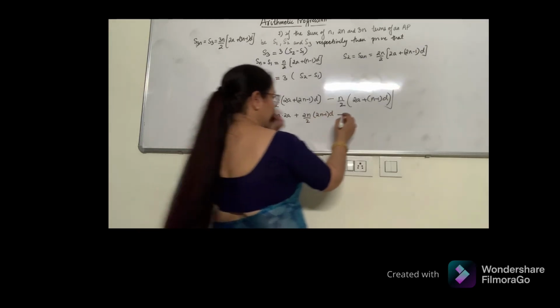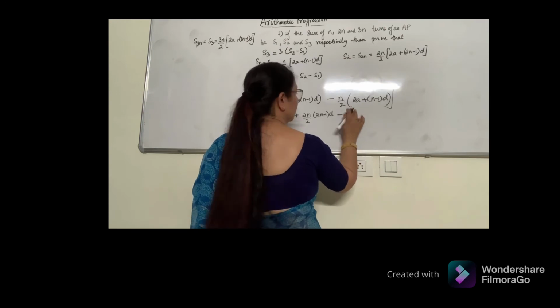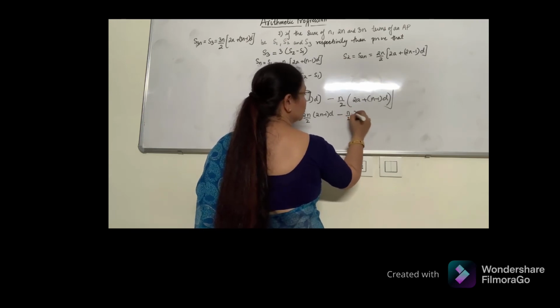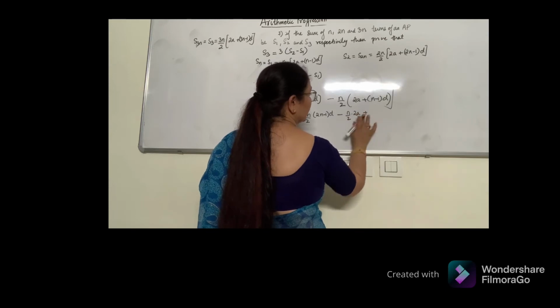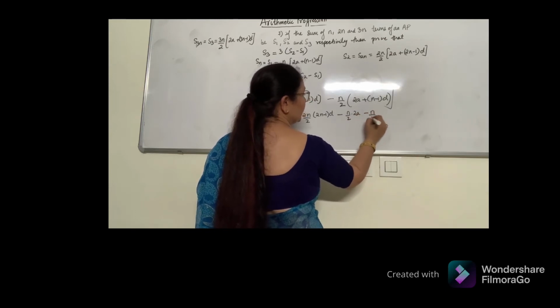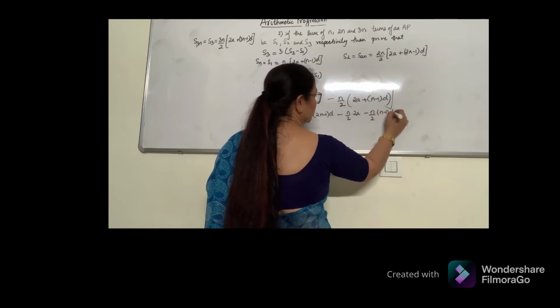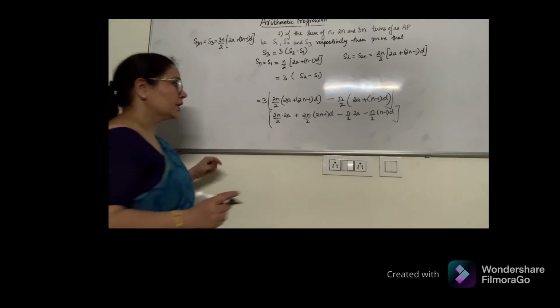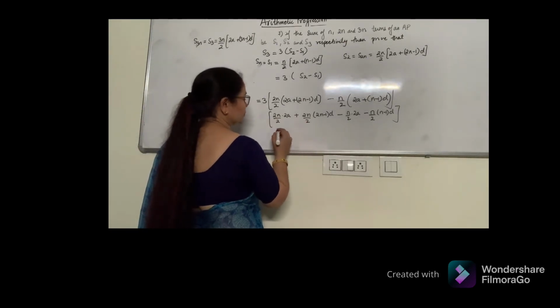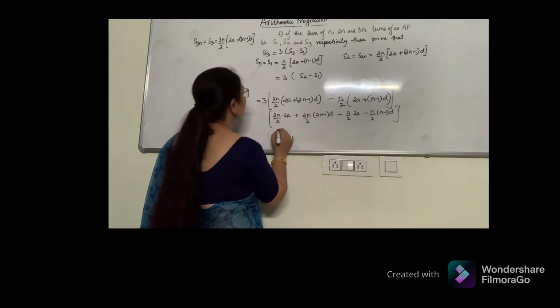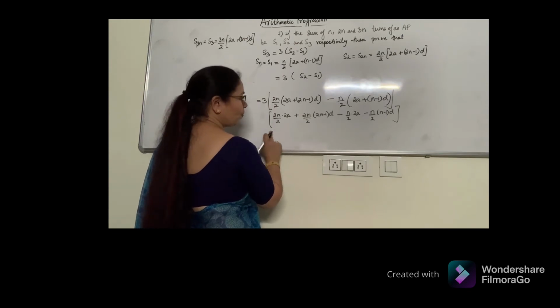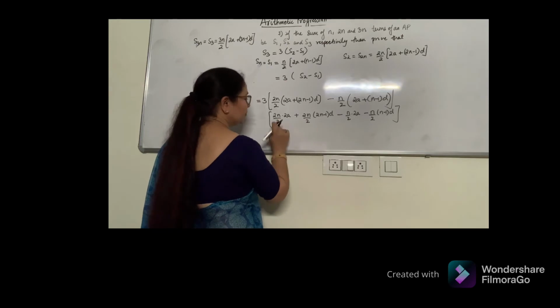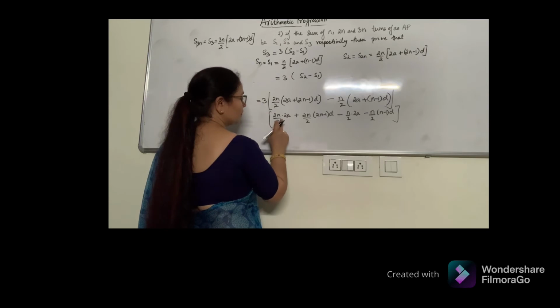Then this is n by 2 dot 2a plus, opening the bracket, I'll get minus n by 2, n minus 1 into d. Now I'll add the terms which contain 2a, and I can take common. When I solve this, 2n by 2 is giving me 1.